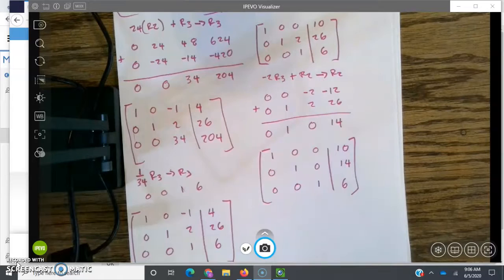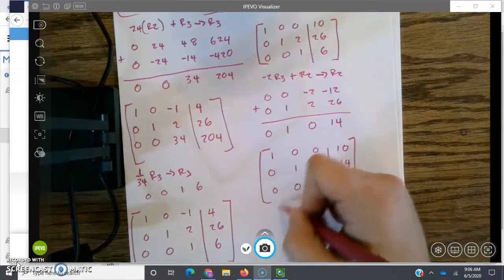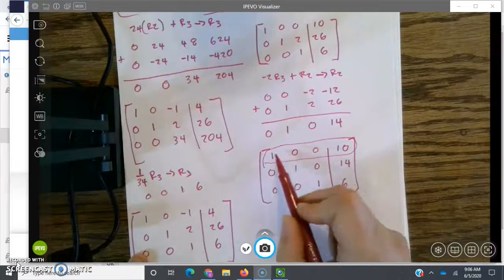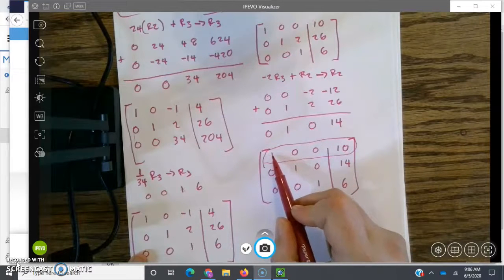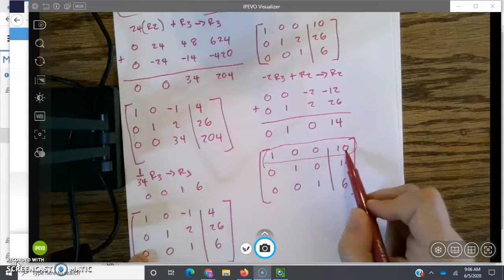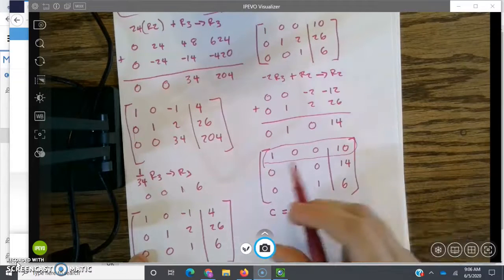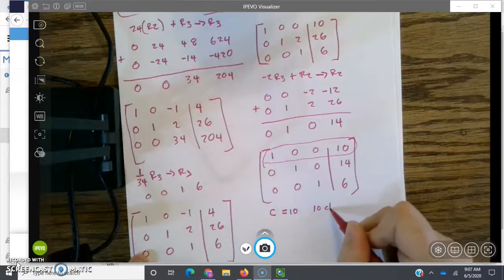So we finished with our matrix now. But now we need to write the answer. The first column is for cheese pizzas, first row here. And the 1 in this place means for cheese pizzas, they got 10. So C is equal to 10. 10 cheese.